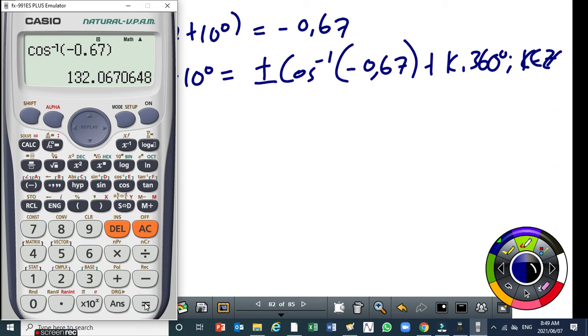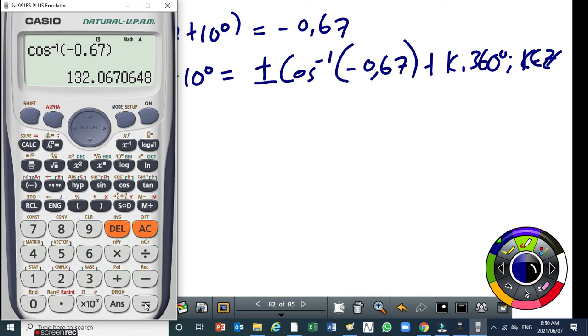You end up getting 132.07 degrees. The reason why we are getting 132 is because we have a negative ratio. The angle 132 is in the second quadrant, but it has a corresponding sister or brother that's in the third quadrant. So the positive caters for this angle, the negative caters for the one in the third quadrant.